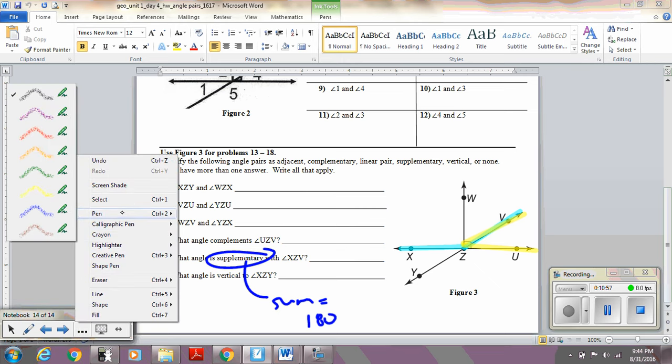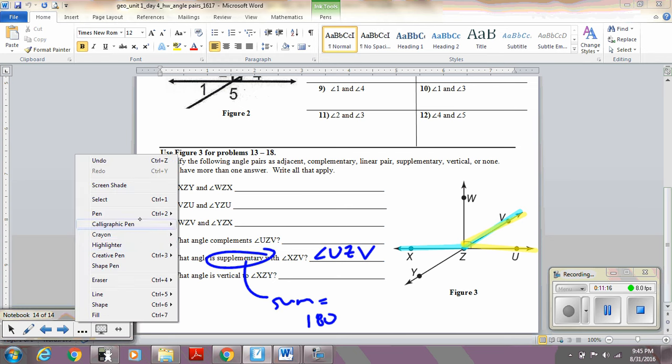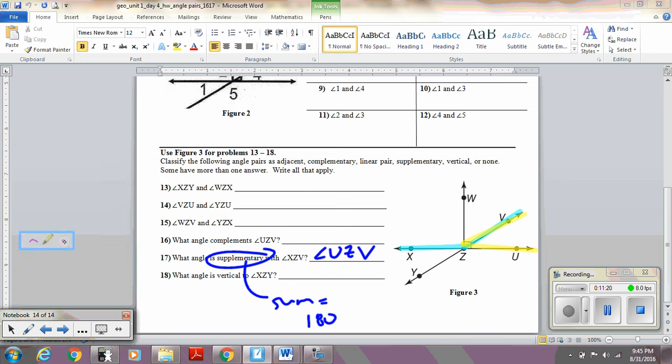Actually, there's several options for this one. We could say angle UZV or VZU, backwards. There's also another one, XZY, which is also supplementary.